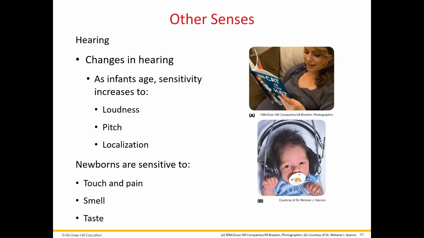They do have some preferential tastes when they're born. Often their preferential tastes will depend on what the mother's been eating, particularly in the last months of pregnancy, because the fetus experiences the taste of what the mother eats as they get nutrients from the mother's system.